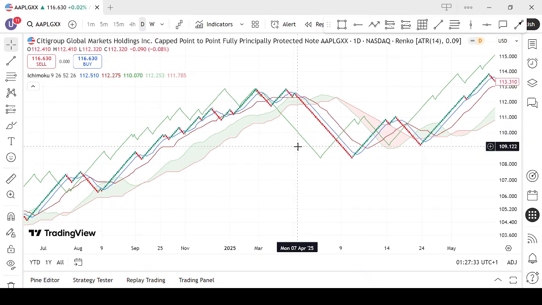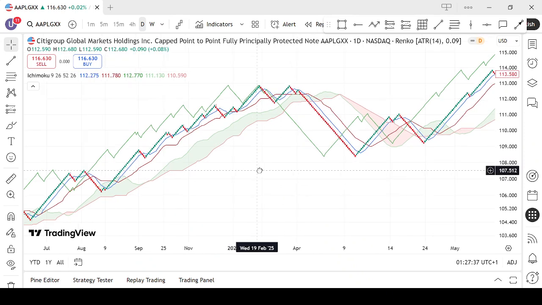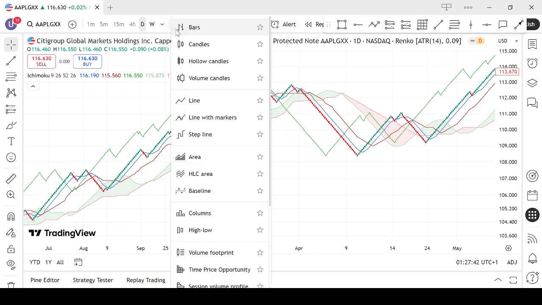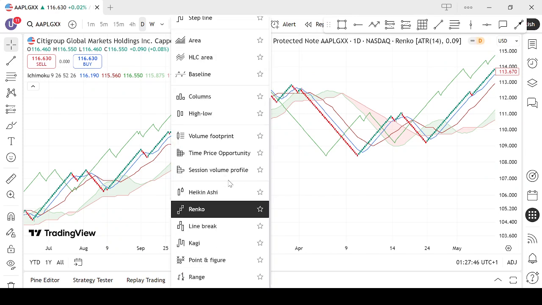Now, the Ichimoku Renko fusion combines two powerful tools that enhance your trading precision. The first one is our Renko chart, based on price movement rather than time, which often gives a clearer view of trend by eliminating market noise. And this is the Renko chart.